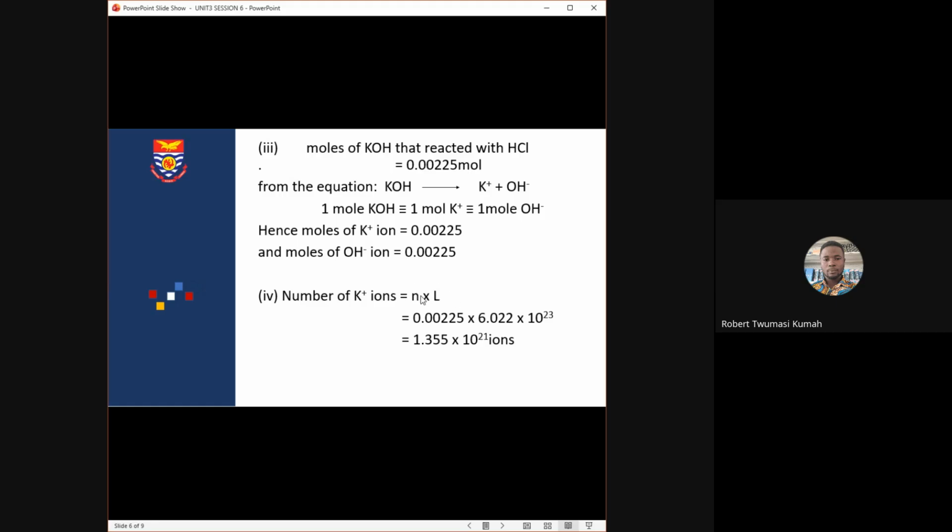That will give us the actual number of ions. And because the moles are the same, we expect equal number of ions for each of them. So K plus is 1.355 times 10 to the power 21 ions, the same as the hydroxide. And that ends this session also.